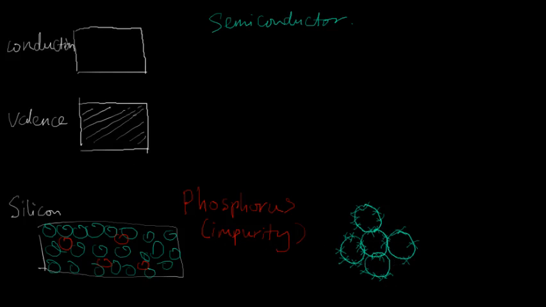and that's how the solid is formed. Now, if one of the silicon atoms is replaced by a phosphorus atom instead, the phosphorus atom would have 5 electrons in its outermost orbit or shell.